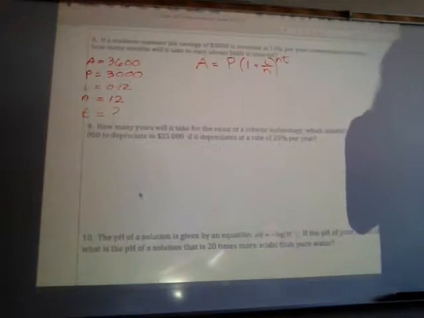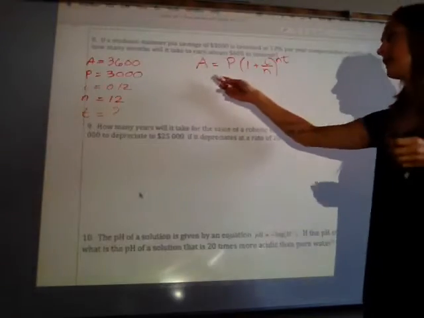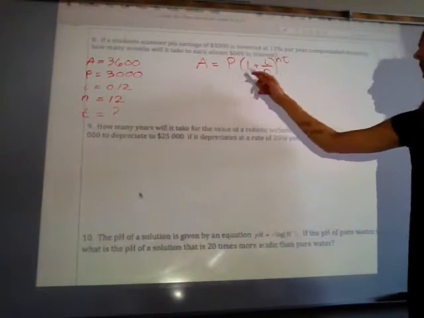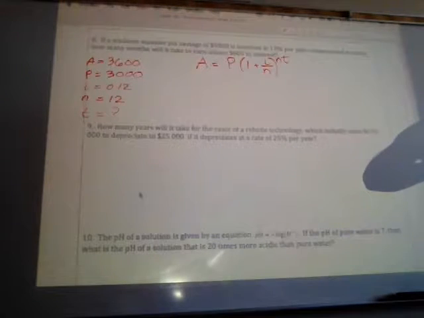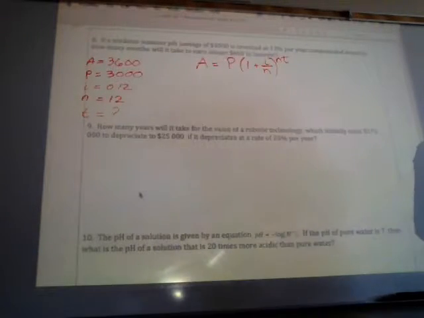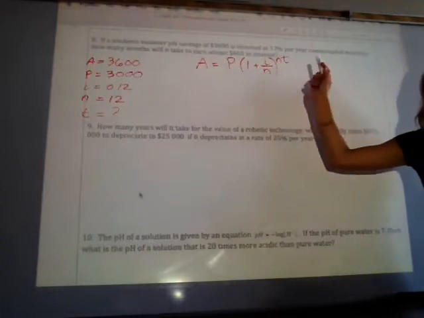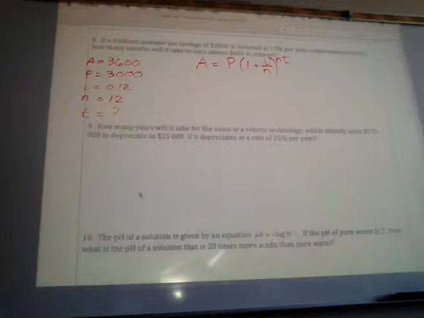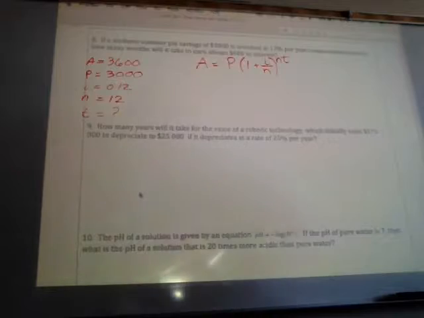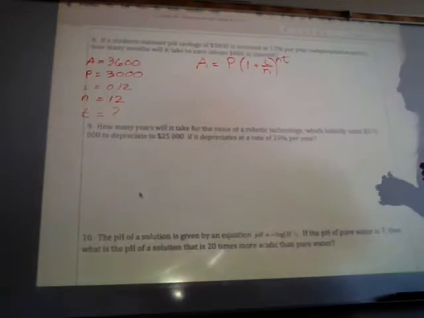Not always. Sometimes they might ask you to solve for the principal amount or the number of compound periods. The reason you'll probably see a question where you're solving for t is because you have to change from exponential form to log form. In the other cases, you wouldn't necessarily have to do that.